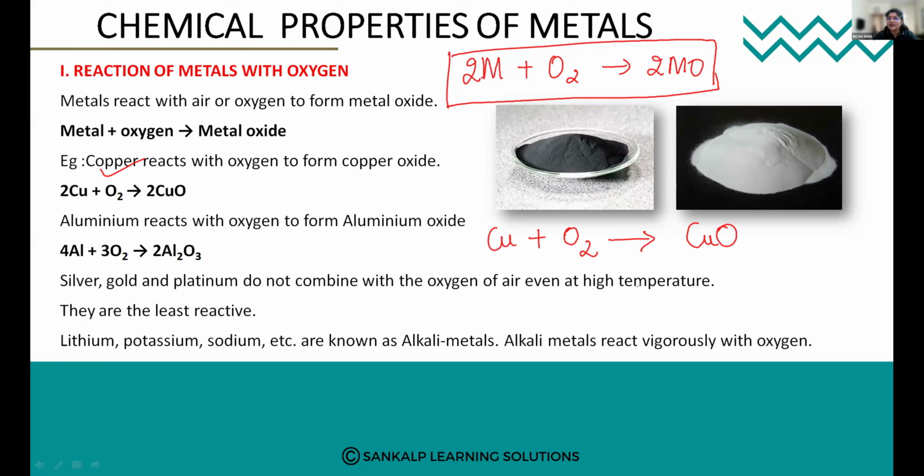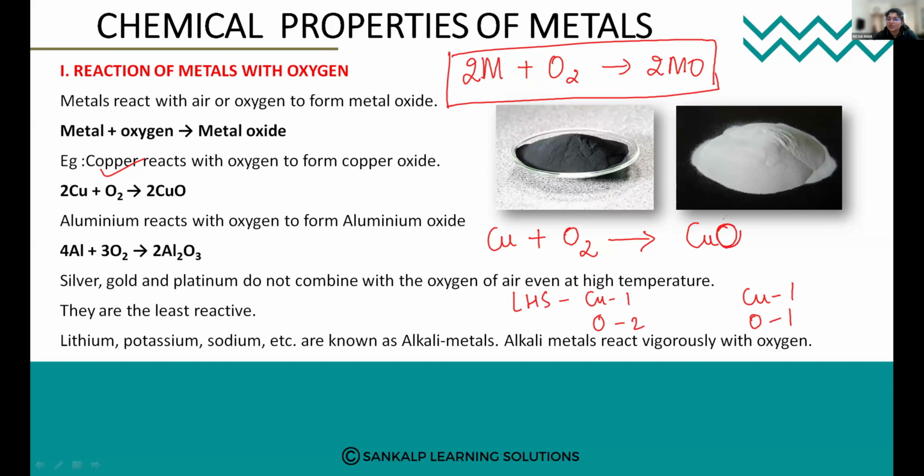Balance the reaction. We have seen in the first chapter, chemical reactions and equations, how to balance a reaction. Copper is 1 on the left-hand side and copper is 1 on the right-hand side. Oxygens are 2 on the left and oxygen is 1 on the right. So first I will balance the oxygen.